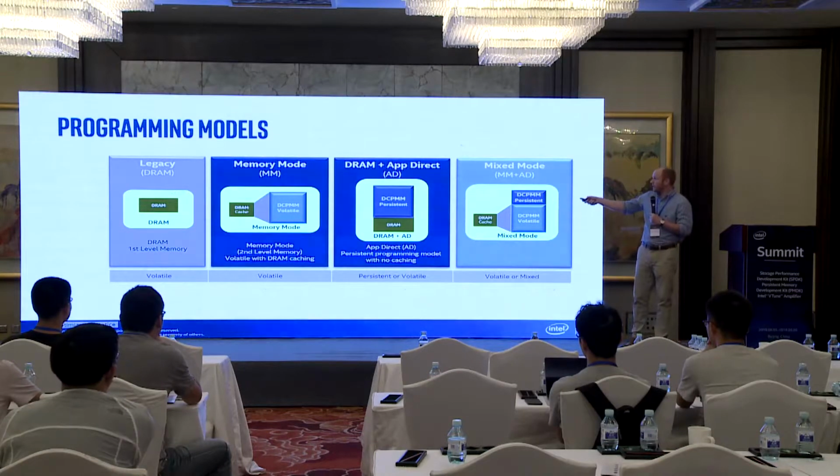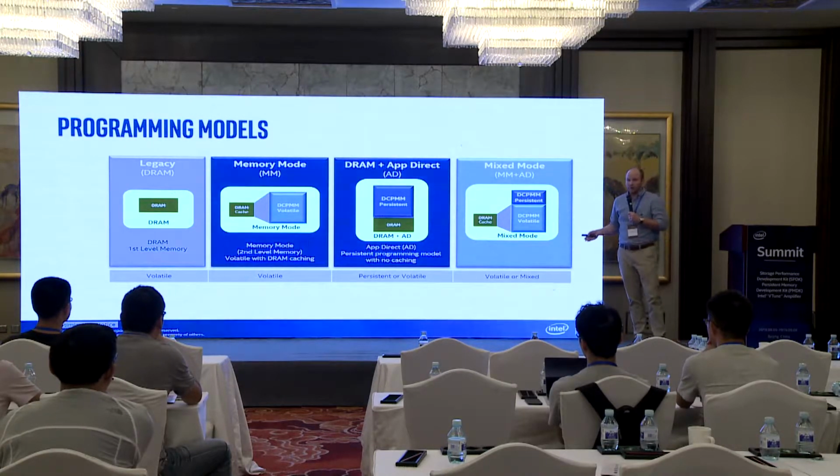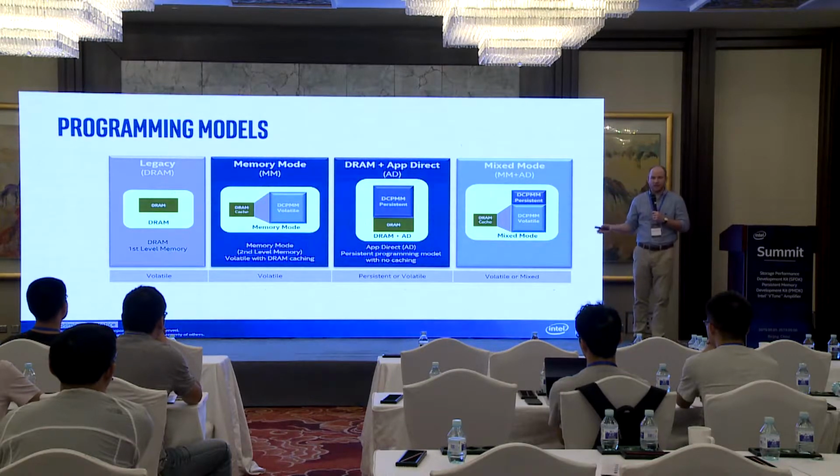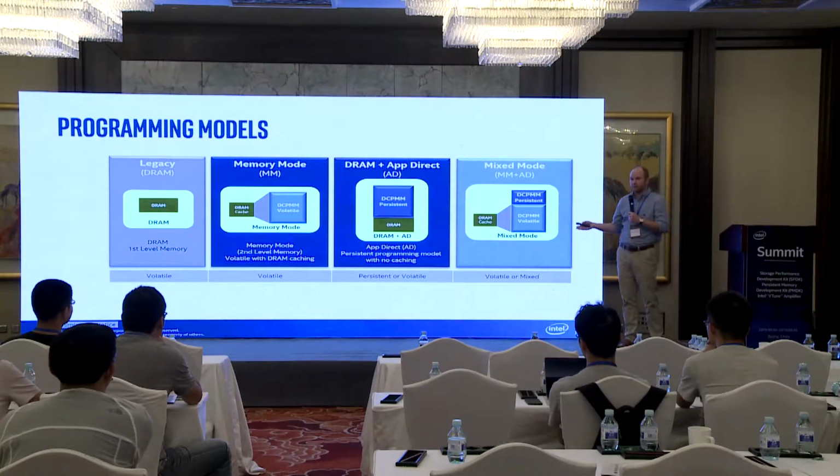The other mode is App Direct mode. In App Direct mode, you have your DRAM memory as one option, and you have your persistent memory as another option. And the programmers choose where to allocate each object. You can allocate an object in DRAM, which has the lowest latency, or you can allocate an object in persistent memory if you need persistence through power cycles or something like that, or if you need larger size, right?